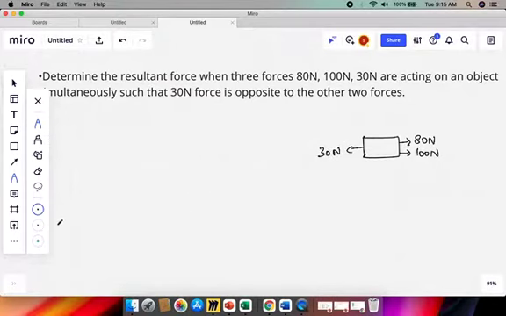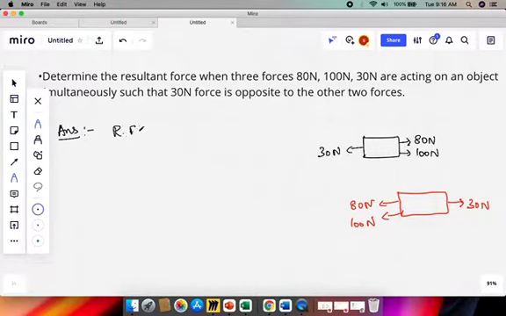Now this diagram can also be drawn in the other form, like this is the object, 80 Newton is acting in this direction, 100 Newton is acting in this direction, opposite to these two is 30 Newton. So both can be considered correct. Now in order to calculate the resultant force here, the general rule that we apply is, here two forces are acting in the same direction and one force is acting in the opposite direction.